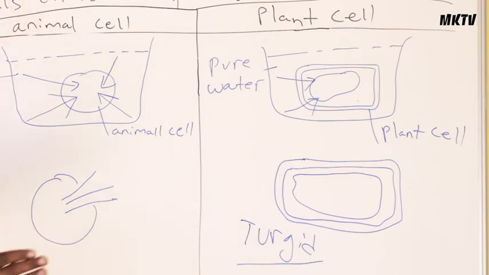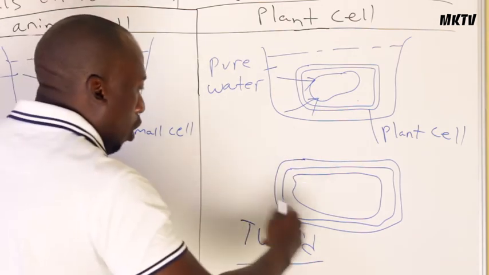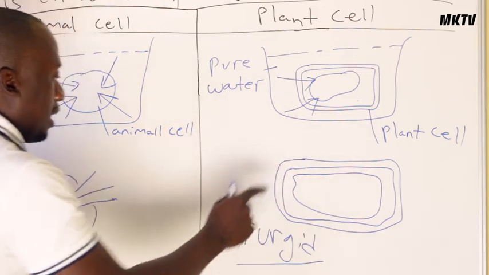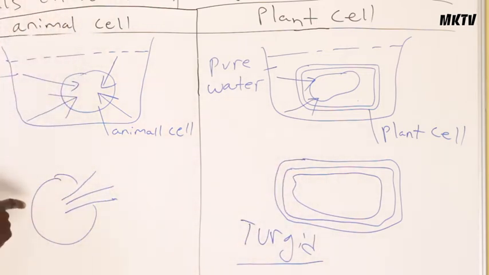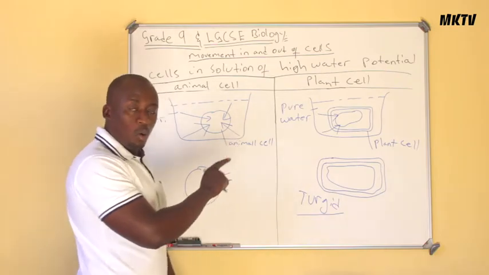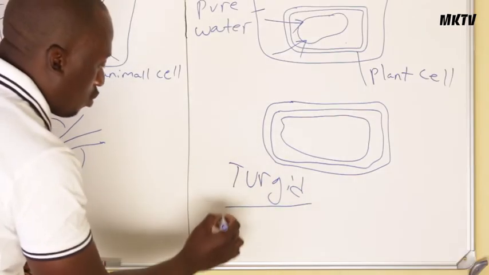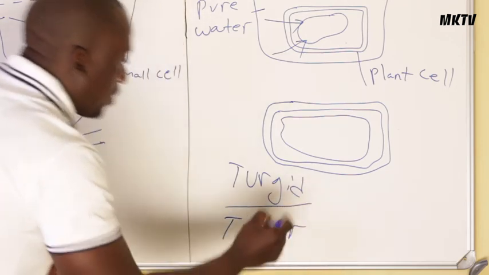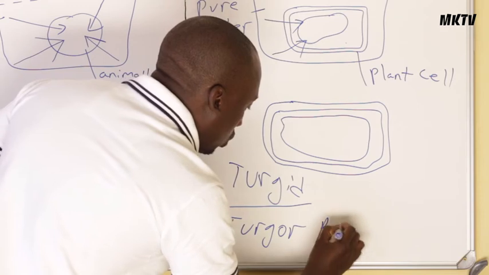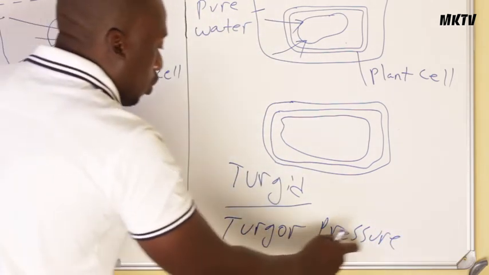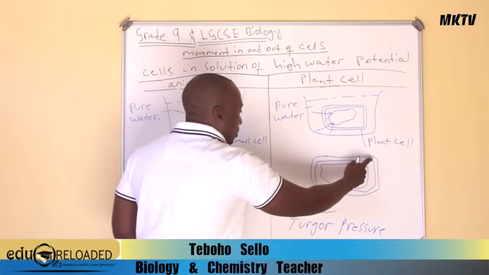But because of the cell wall that covers this plant cell, a plant cell is not going to burst like an animal cell. What is going to happen is that the cytoplasm is going to exert a pressure on the cell wall. This pressure exerted as water moves inside the cell is called turgor pressure, which means turgidity can lead to turgor pressure.